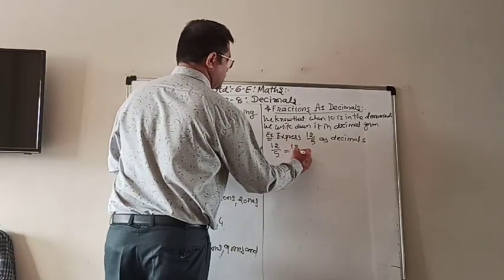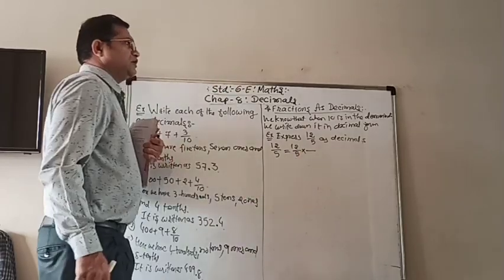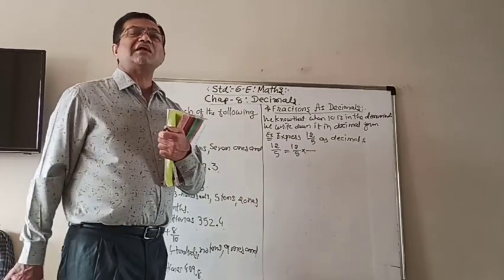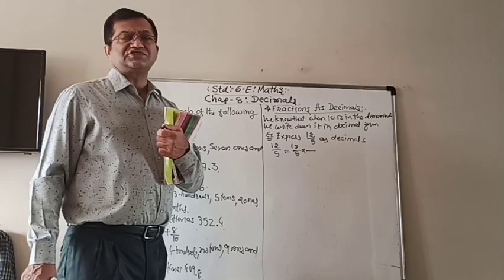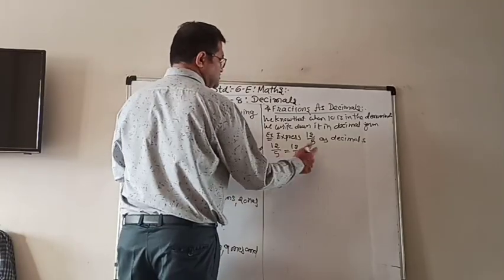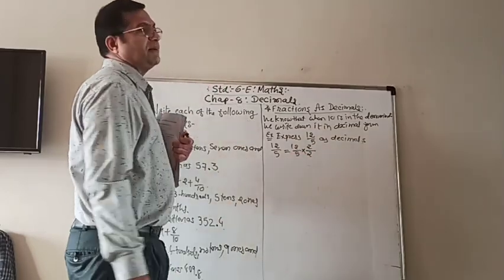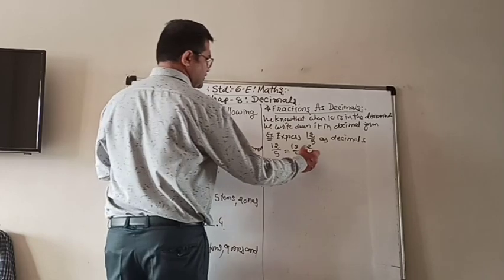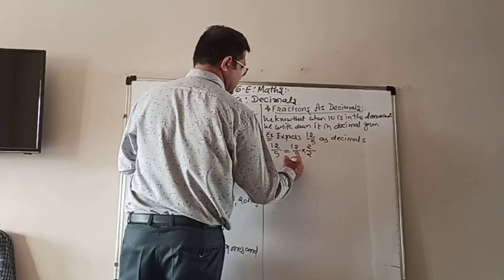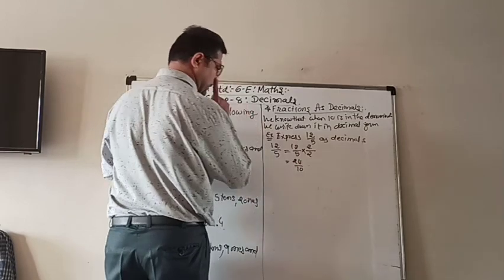So here it is 5 in the denominator. To convert it, we have to find its equivalent fraction such that there is 10 in the denominator. So 5 must be multiplied by 2. So numerator and denominator will be multiplied by 2. So we will get 24 upon 10.